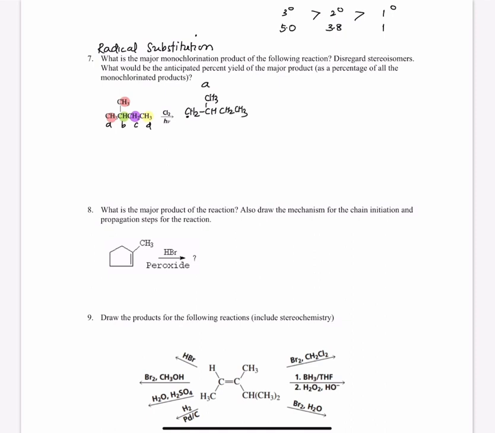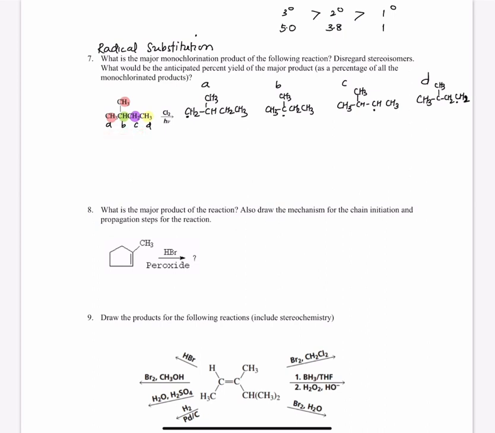And similarly, I'm going to remove each one of these hydrogens and convert that into radicals. So these are the different radicals that have been obtained by abstracting each one of these different types of hydrogens.